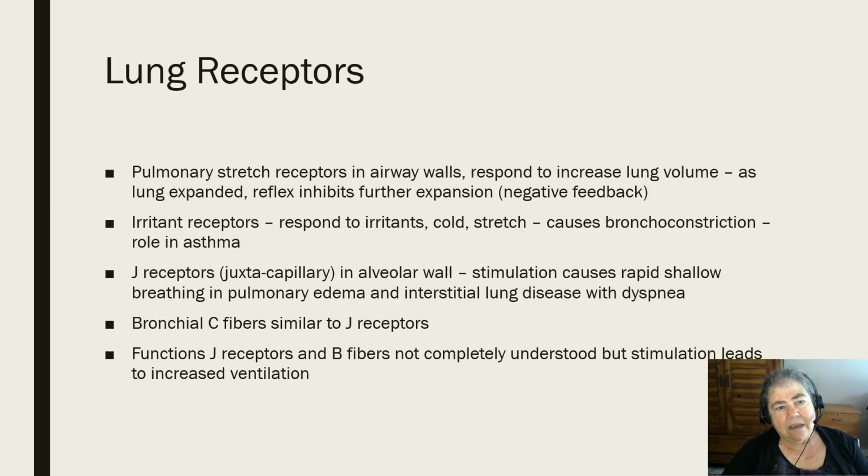We talked about the other receptors. There are stretch receptors in the walls of the airways that respond to an increase in lung volumes and keep you from over expanding your lungs. You can only breathe in so far. There are irritant receptors, which respond to things like smoke, particulates, cold, sometimes overstretch.